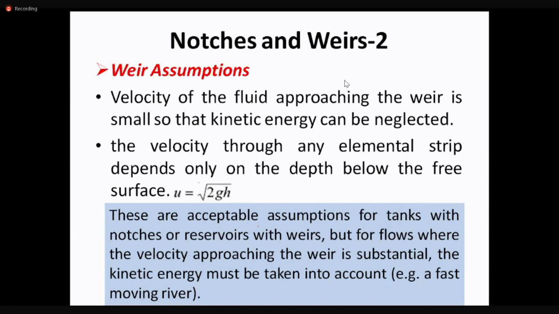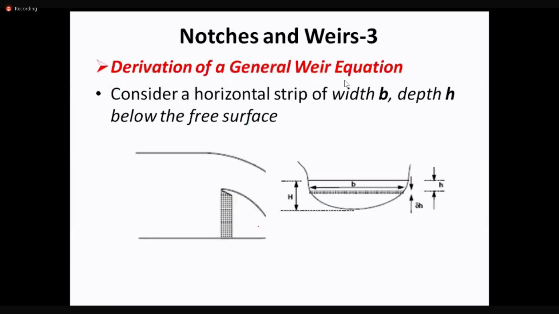We are going to look at that shortly. When we say elemental strip, assuming this was a V, you take any cross section, and this is the elemental strip we are talking about.